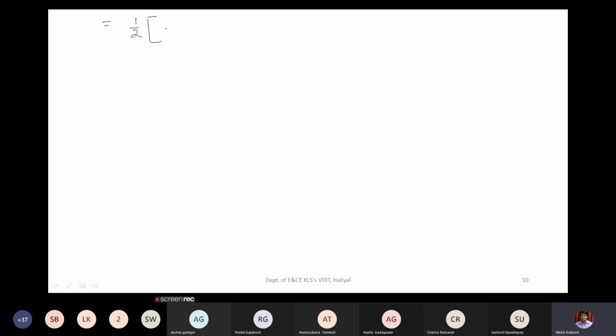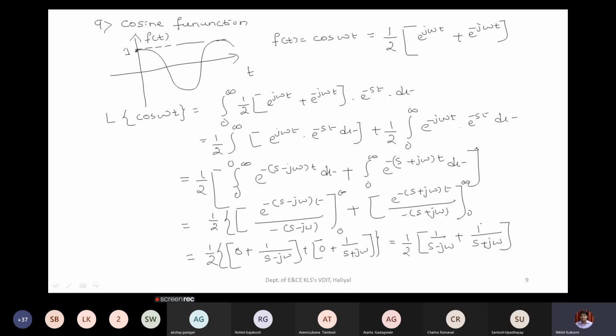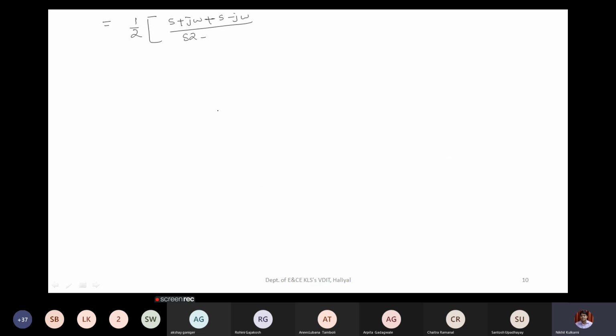If you cross multiply, that is going to give you s plus j omega plus s minus j omega whole divided by, here we have a minus b and a plus b, a square minus b square. So that will be s square minus j omega whole square.